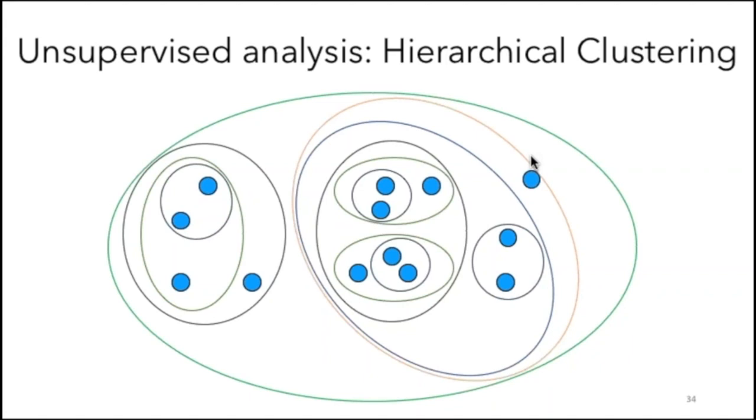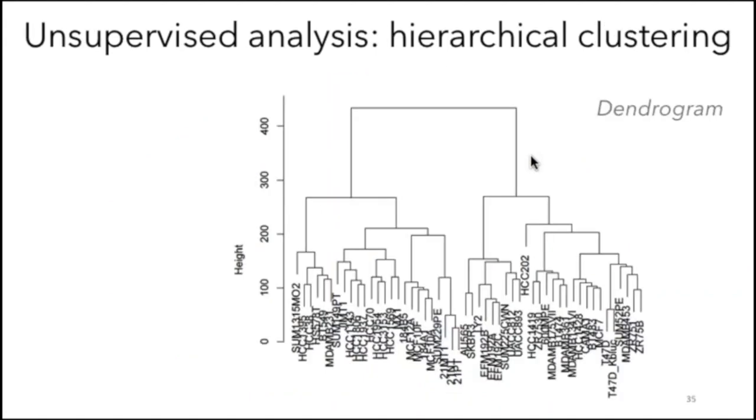And this procedure can be visualized by plotting a dendrogram. What is it? It's a tree. Height of the tree is a distance between points. So rate of dissimilarity, for example, if height is low, so at the bottom, that means that samples are really close to each other.